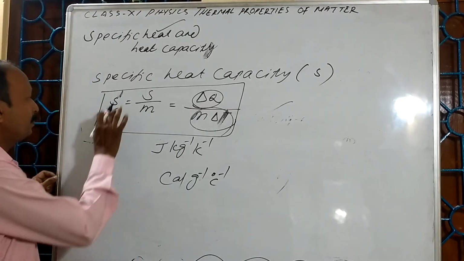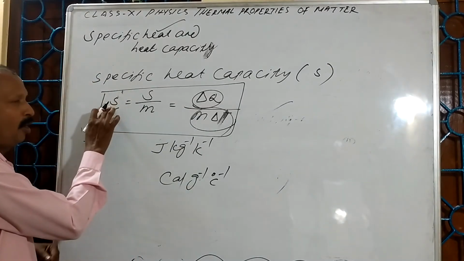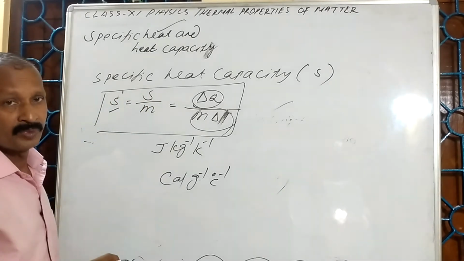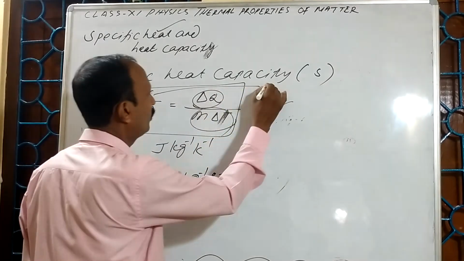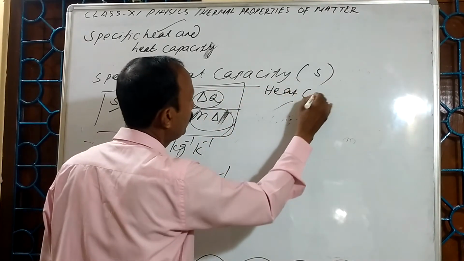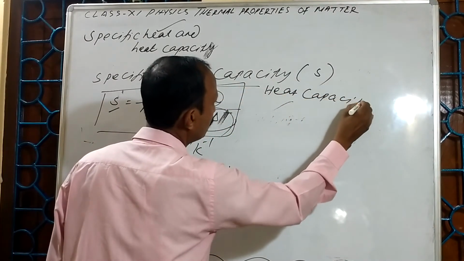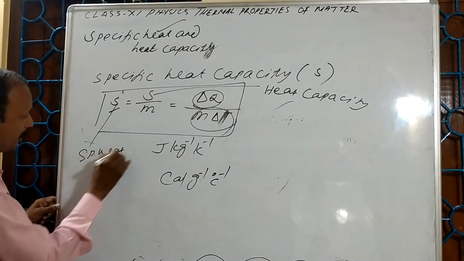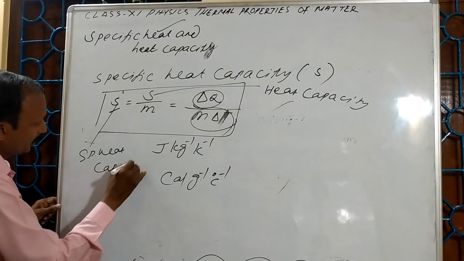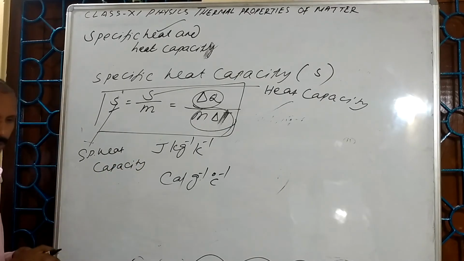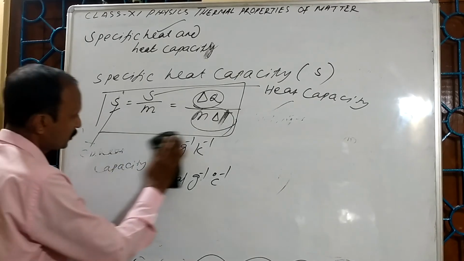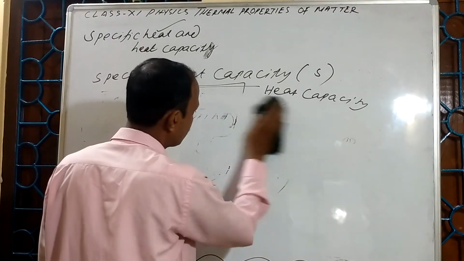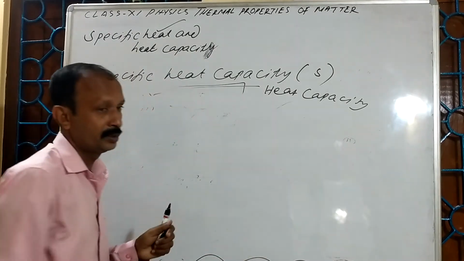Generally for specific heat capacity I have used the small letter s. Capital letter S is used for the heat capacity. Okay, so the specific heat capacity of different substances are different.